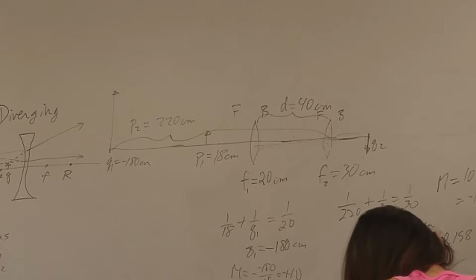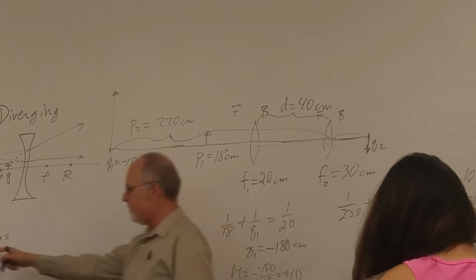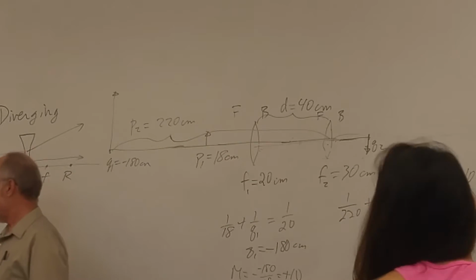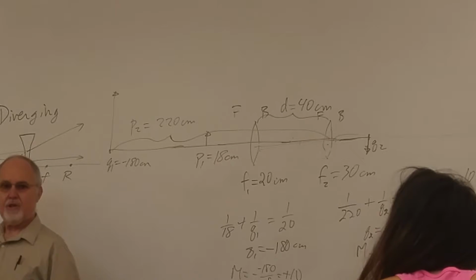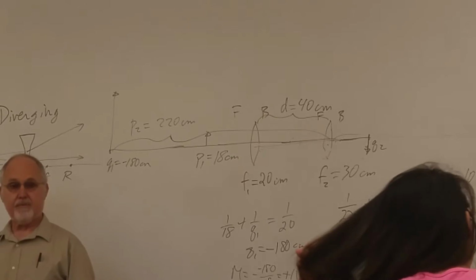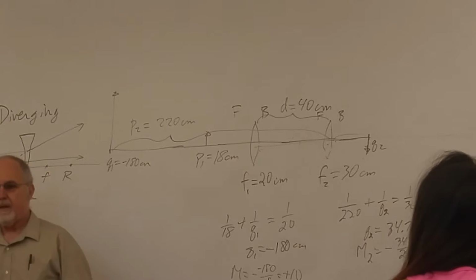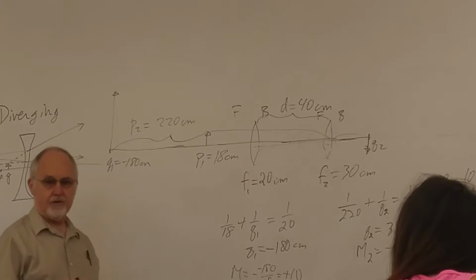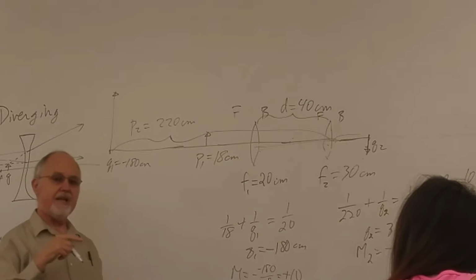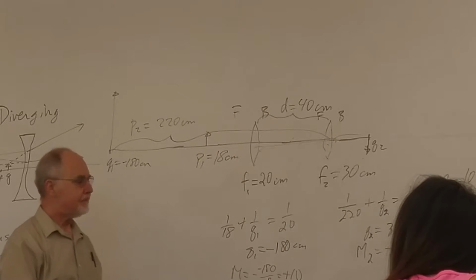Take the first lens, the first object, go through my 1 over P plus 1 over Q equals 1 over F, find this first image distance. If it says anything about magnification for your problem, then go through your magnification equation. And then look at your drawing, see where is that first image in relationship to the second lens.